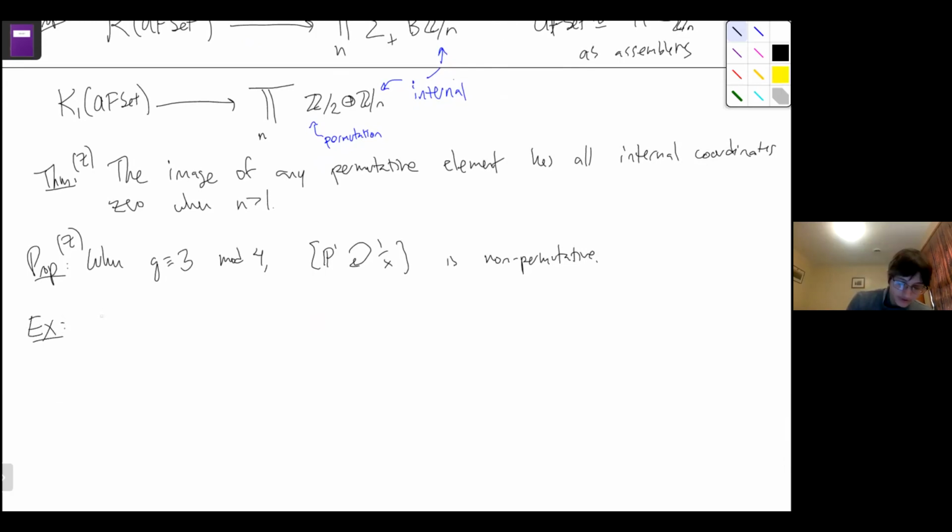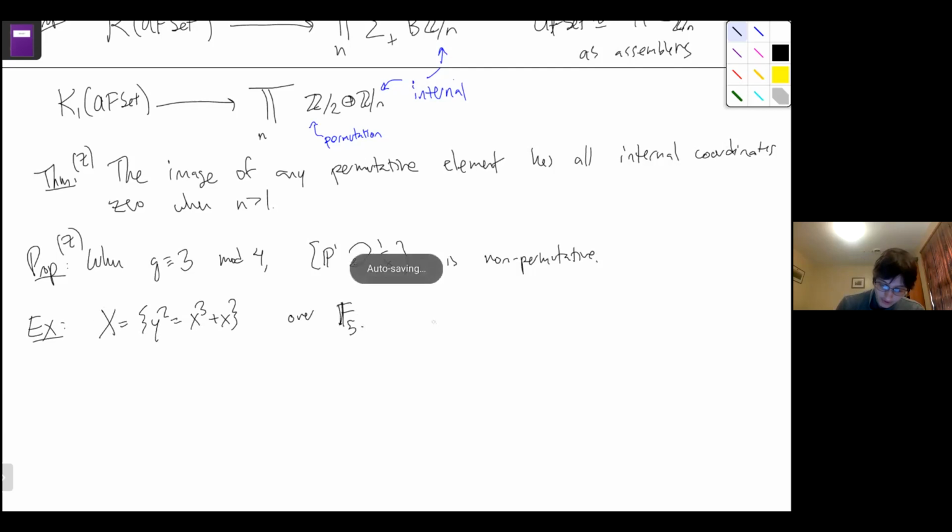Okay, so now let's do something even more explicit, because I think this example is quite nifty. We're going to take the variety y squared is x cubed plus x, and we're going to work over F5. This is not a phenomenon that's unique to F5; I just want a nice, very explicit example.